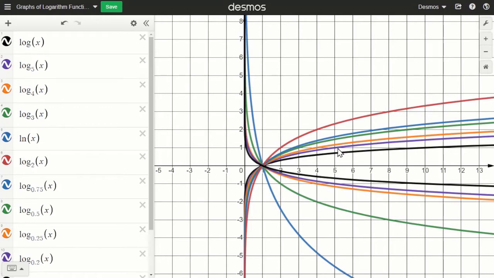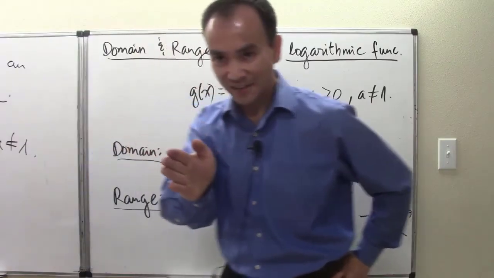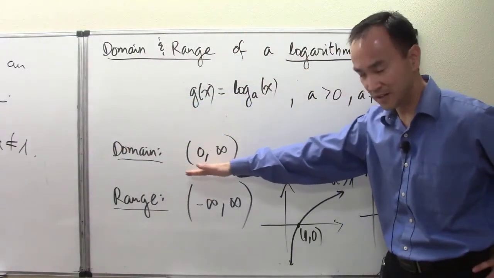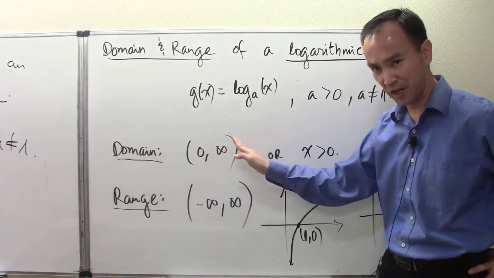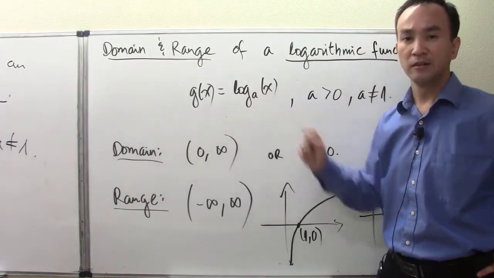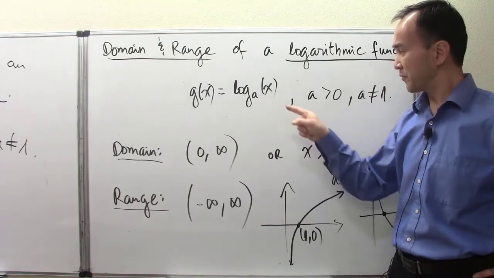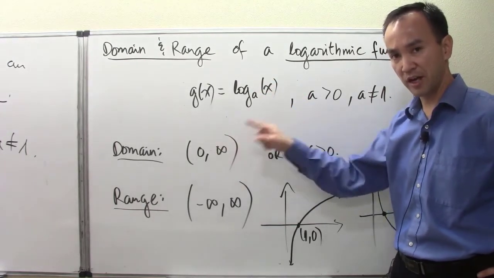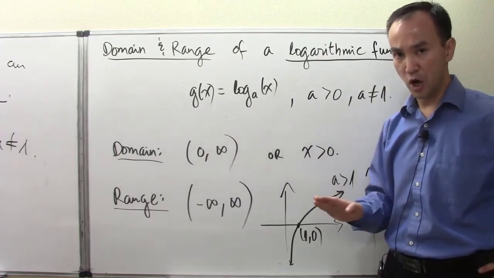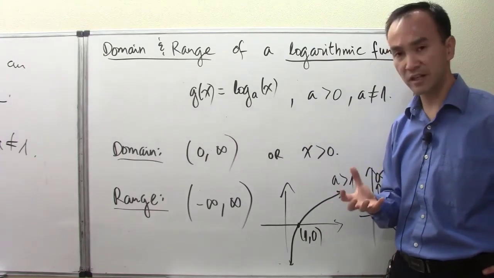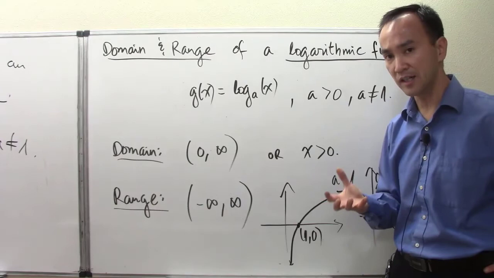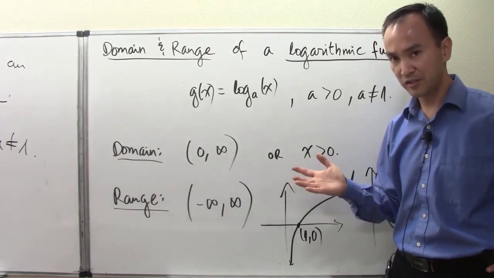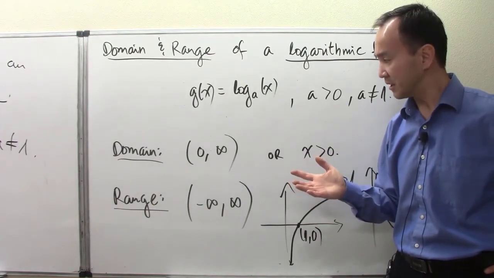That confirms our understanding and our final conclusion: the domain of any log base a of x has to be anywhere between 0 and positive infinity. No exception. Logarithms in general only take positive arguments.